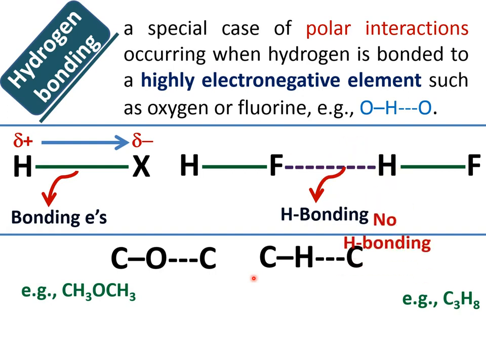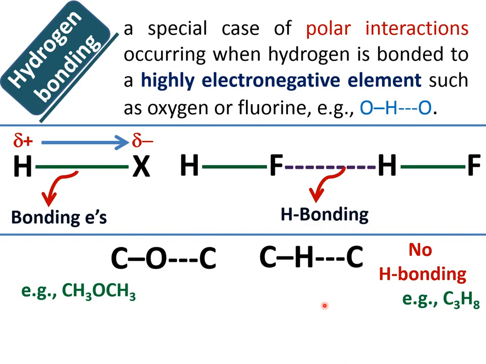So in ethers, for example, the oxygen is connected to carbon, not to hydrogen, and the oxygen here is connected directly to carbon, not connected in any way to the hydrogen. So we cannot consider any hydrogen bonding here.